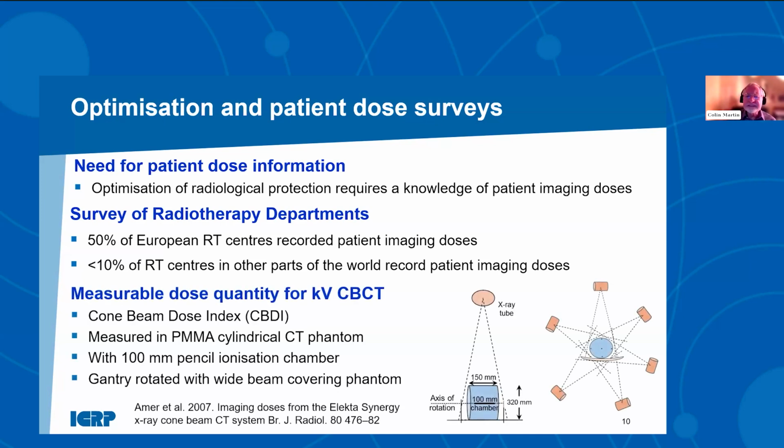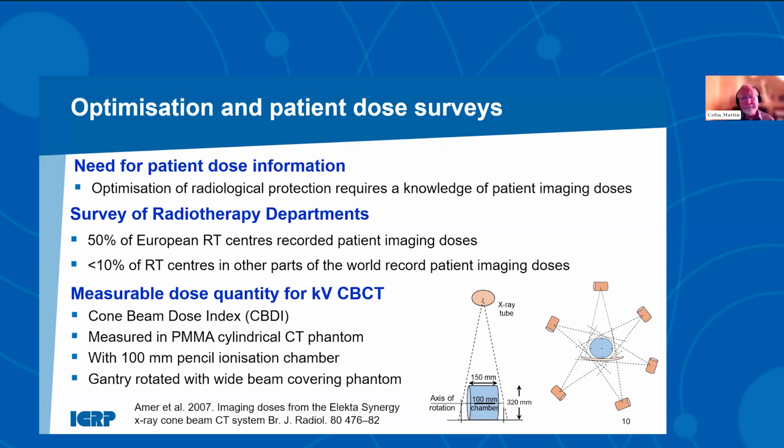So we needed a quantity that could be measured. There is a quantity displayed on some machines, but it's not universally used or displayed at the present time. And we needed something which could be measured. So we chose the cone beam dose index for use at the present time. And this is measured in the standard CT cylindrical phantoms with a 100 millimeter pencil ionization chamber.